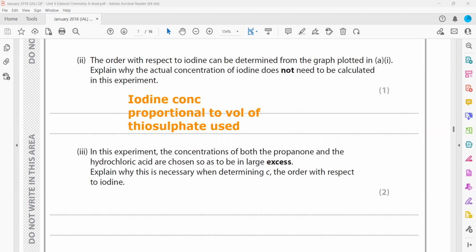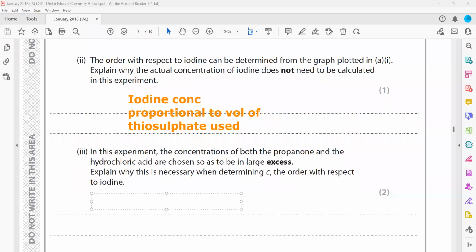Whenever we are carrying out an experiment, one of the reagents should be in small quantity and the others in excess, so that the concentration of propanone or hydrogen ion does not affect the rate of reaction. If there is a very high concentration, a very small change does not affect the rate. So iodine concentration is the only variable we want. So why do we use them in large excess?